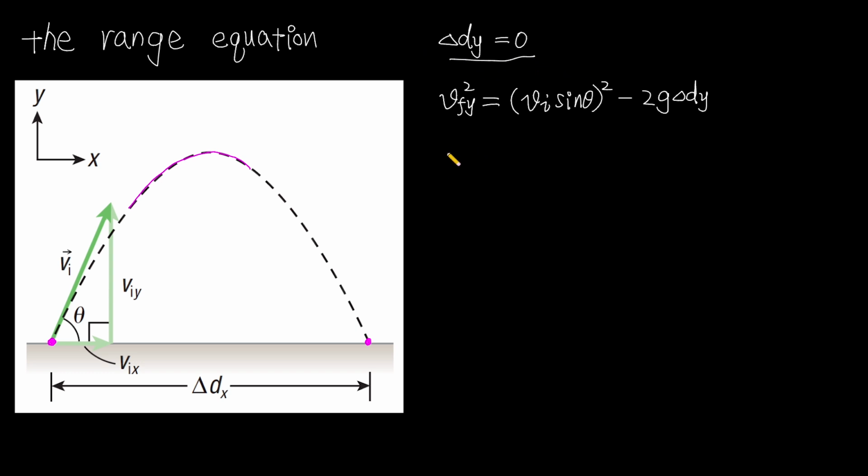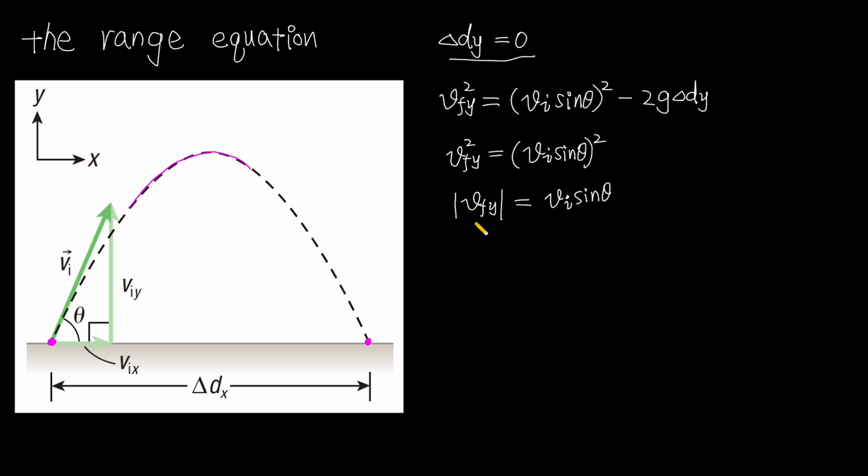So we get the final vertical velocity square equals the initial velocity multiply sine theta square. So the magnitude of the final vertical velocity equals the initial velocity multiply sine theta.